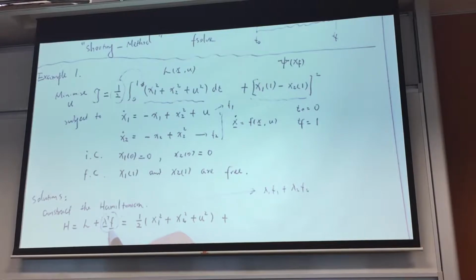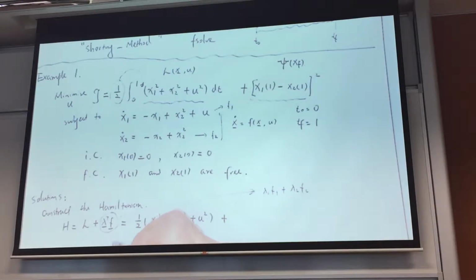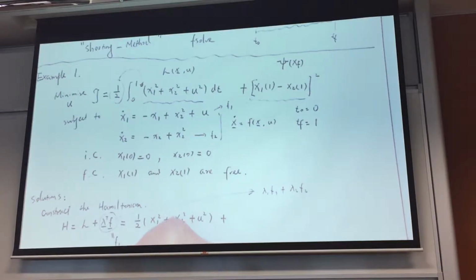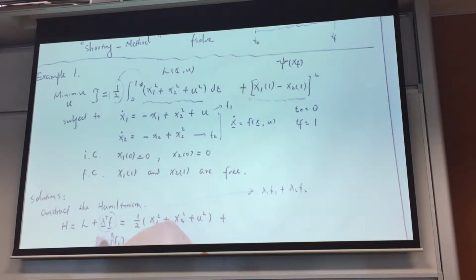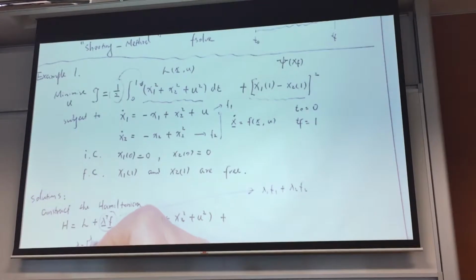This f is a column vector, f equal to f1, f2, and this lambda is also a column vector with lambda 1, lambda 2.